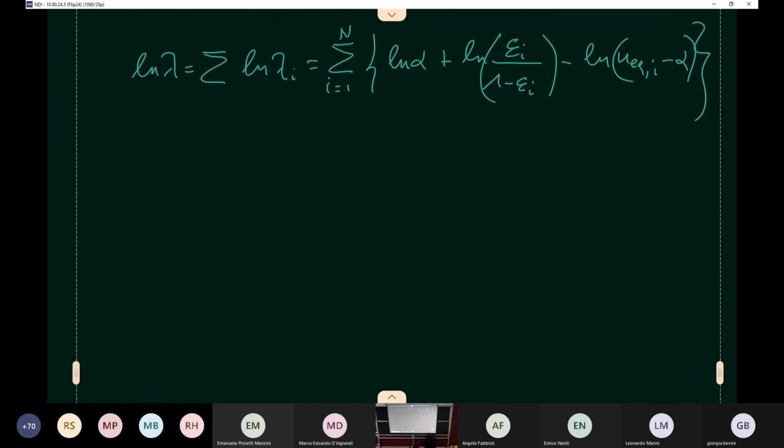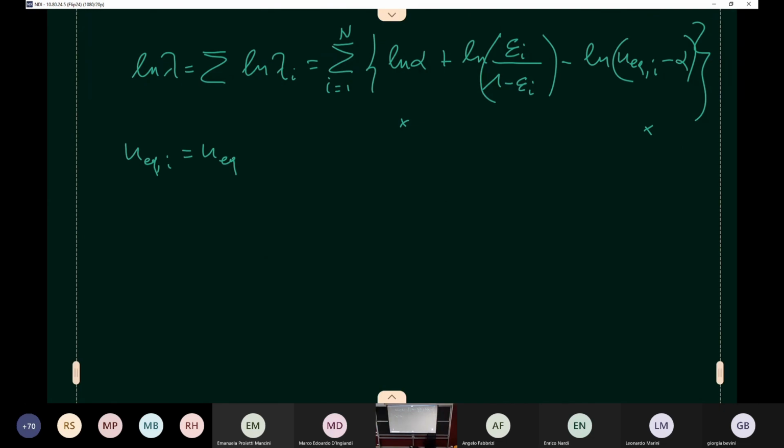A first interesting case is the one that considers the same specific impulse for all the subrockets, all the stages. In this case we can bring outside the summation this term and this term, because u eq I is equal to the single value u eq.